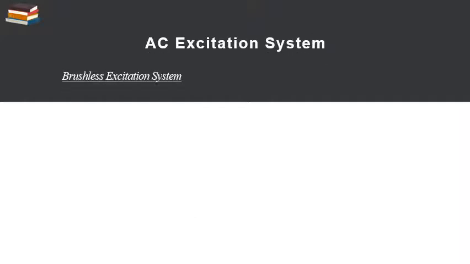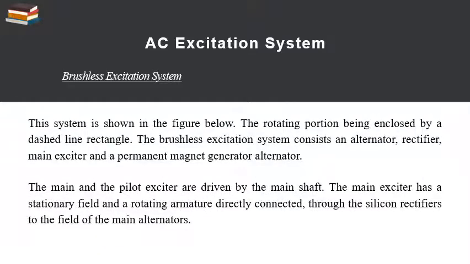The second is brushless excitation system. This system is shown in a figure, the rotating portion being enclosed by a dashed line rectangle. The brushless excitation system consists of an alternator, rectifier, main exciter and permanent magnet generator.